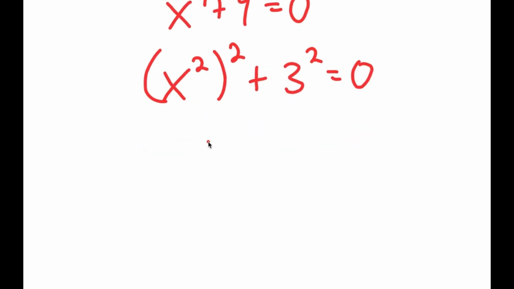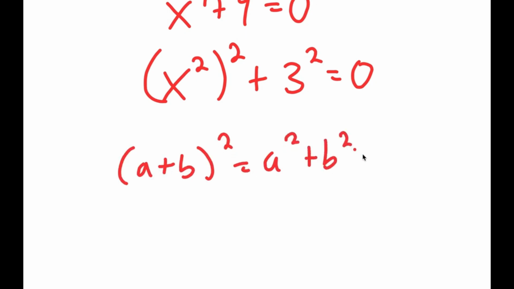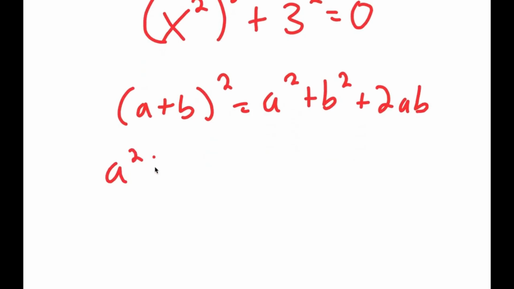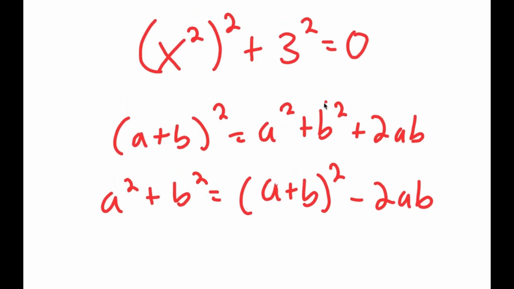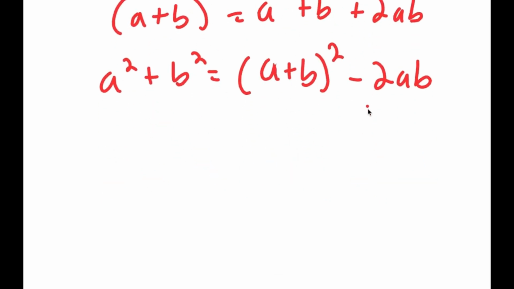And if I have something in the form a plus b squared, this is equal to a squared plus b squared plus 2ab. And if I have something in the form a squared plus b squared, then this must mean that this is going to equal a plus b squared minus 2ab, because this is the same thing as this without the 2ab.